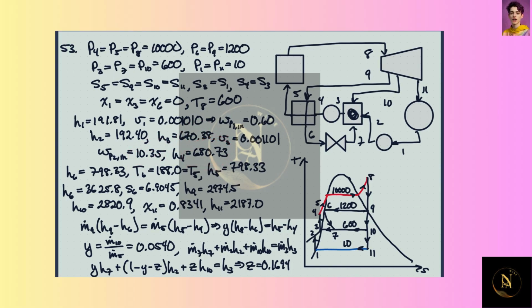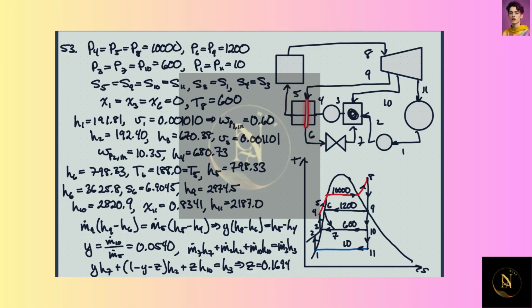pump. And now we can turn our attention to 6. At 6, we have pressure and saturated liquid, so we can get our enthalpy. We can figure out what our temperature is there. And we know that the temperature at 6 is also going to be the temperature at 5.